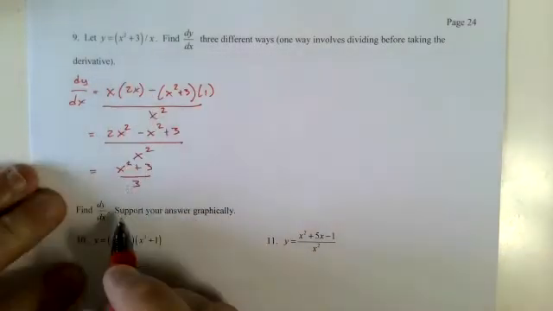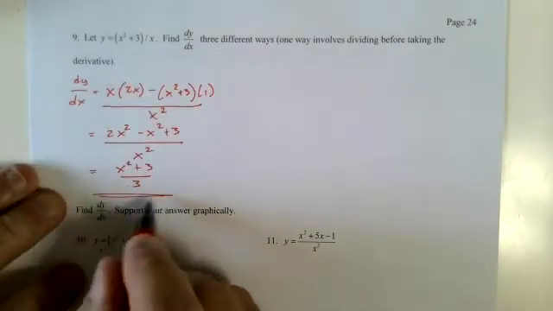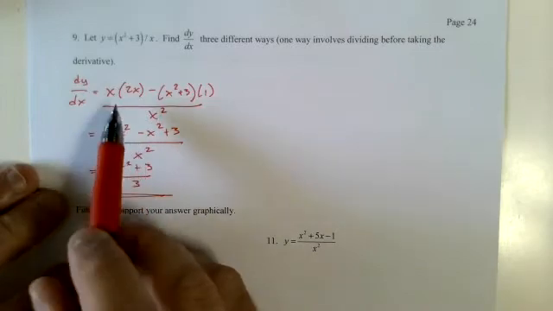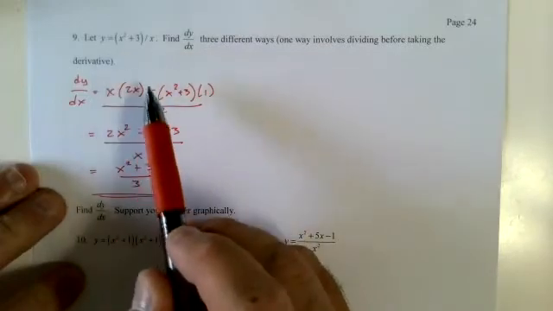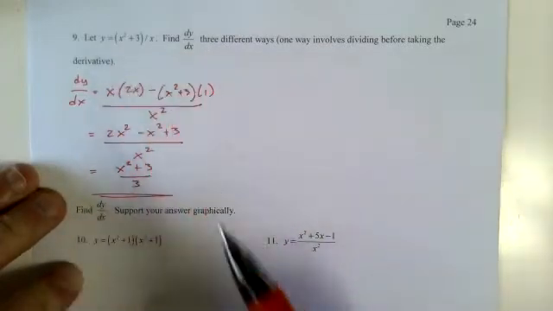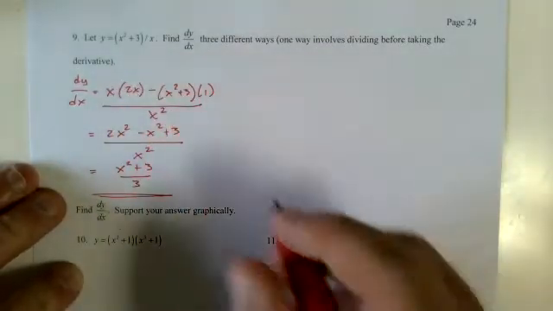That's weird how it worked out, huh? I feel like I've made a mistake. Low, d high, minus high, d low. Nope, looks good. All right.